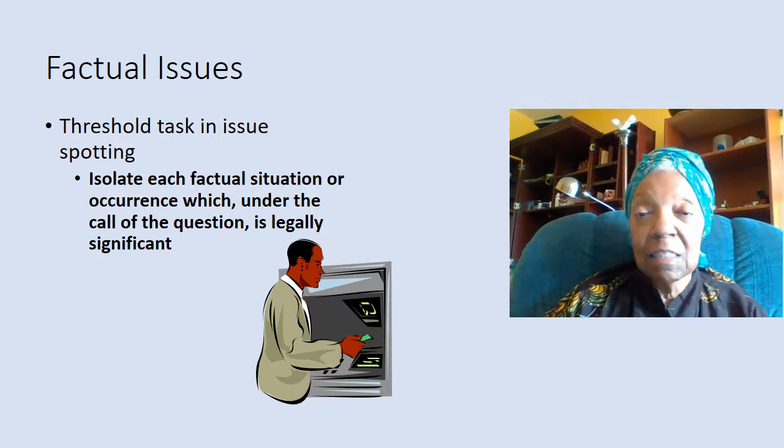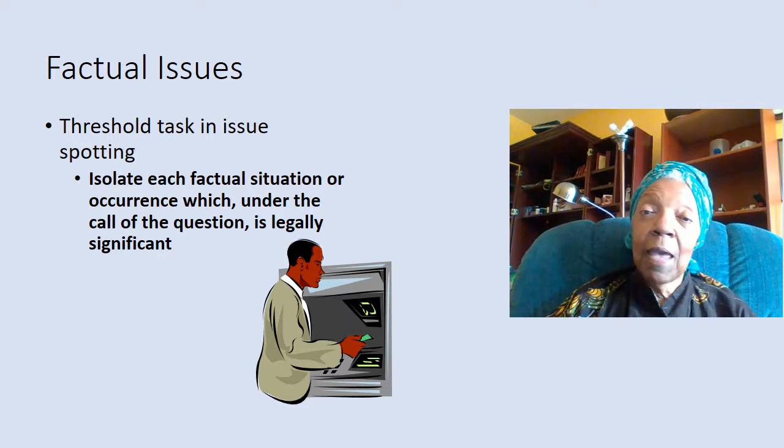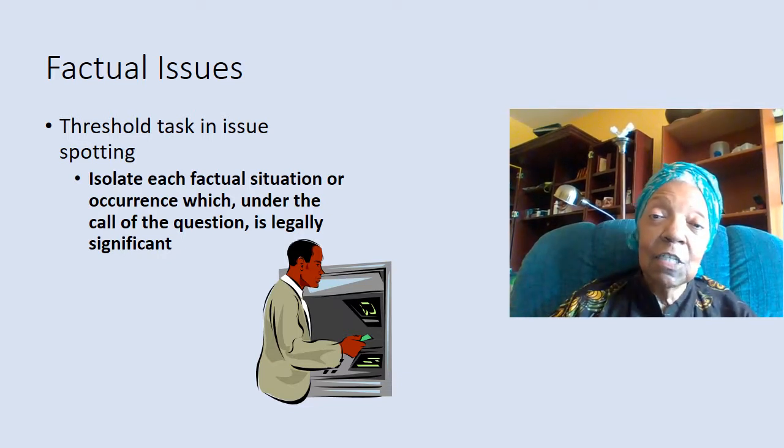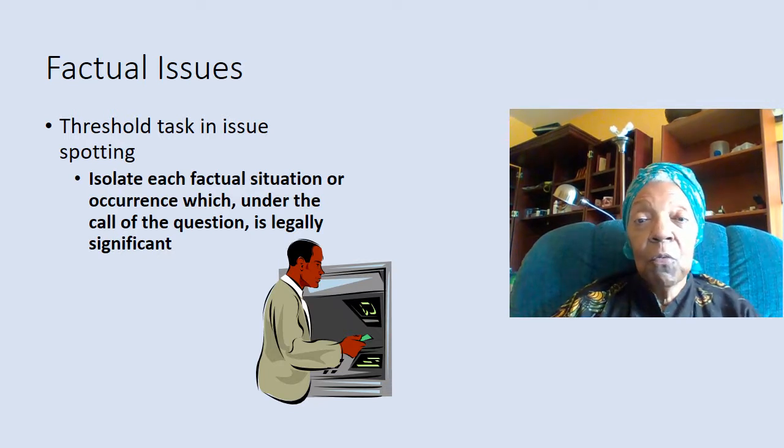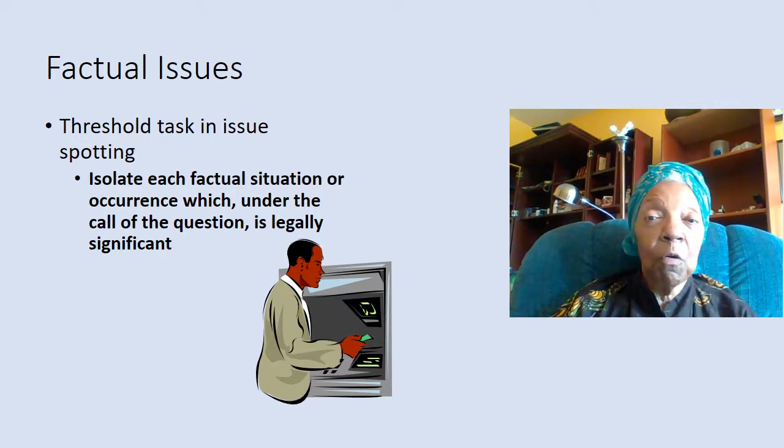And that's a skill that you learn by doing and by processing. There's no list that we can give you to say, okay, use this checklist to learn to develop what's legally significant. No, we can't do that. What we can do is give you hypotheticals and work with you to identify facts and talk about why the facts you identified are or are not legally significant.